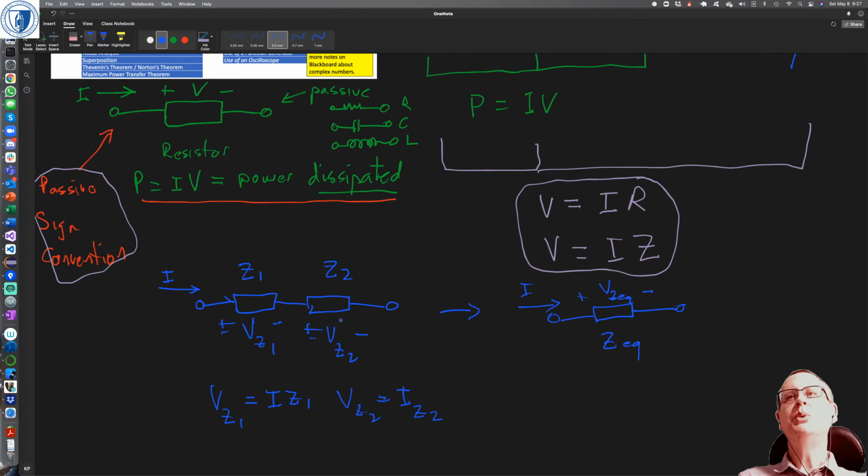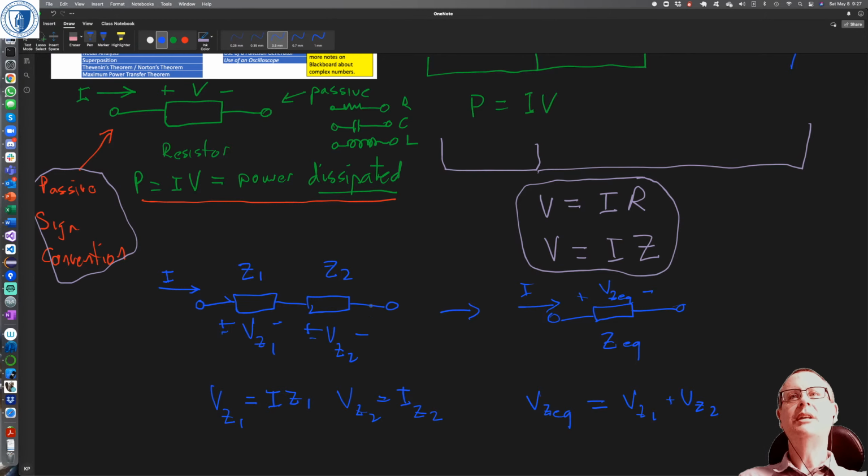Right? And we know that VZ equivalent is equal to VZ1 plus VZ2. Right?